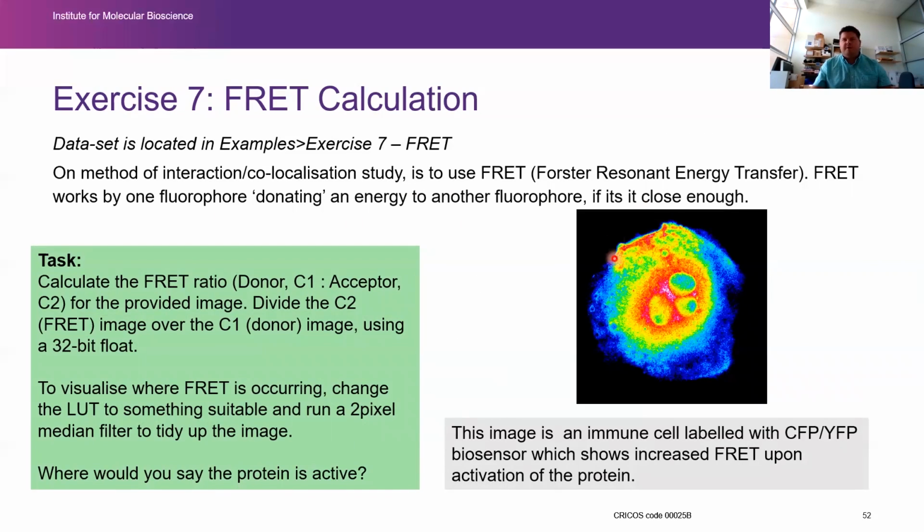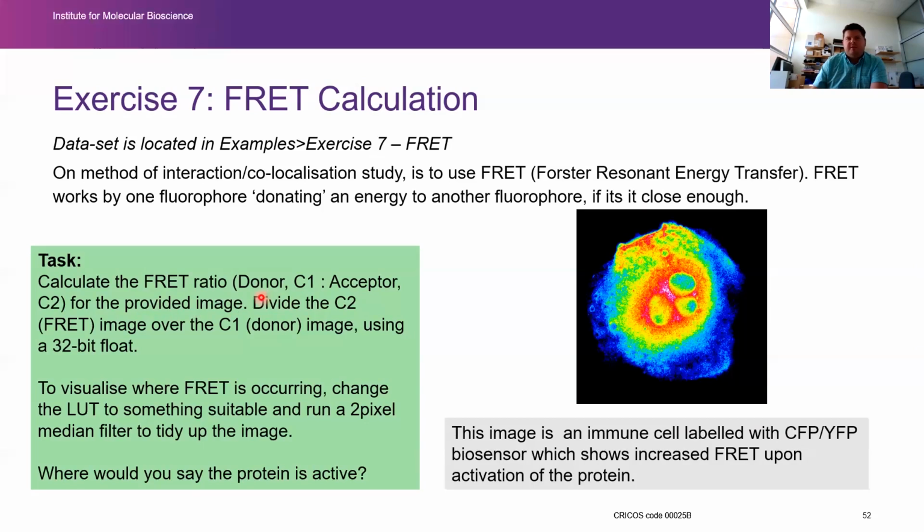This isn't a talk on how FRET works, but if you're not sure, if the two dyes, in this case CFP and YFP, are close together, then they'll share the electron, and you will see an increase in FRET.